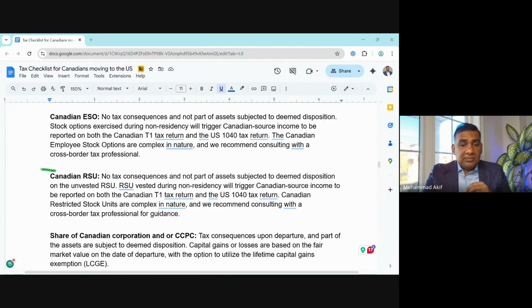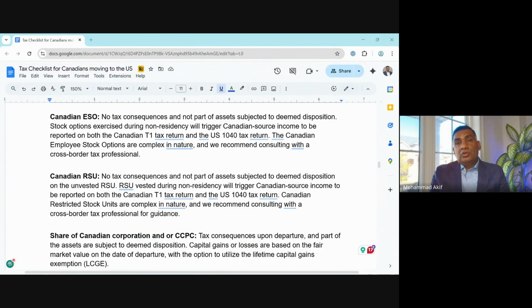Canadian restricted stock units: again, there's no deemed disposition on them, because they were granted but not vested. Anything that gets vested, RSUs are technically related to your services when you were working in Canada. That means anything that was granted was based on the services that you provided to a Canadian company while living in Canada.